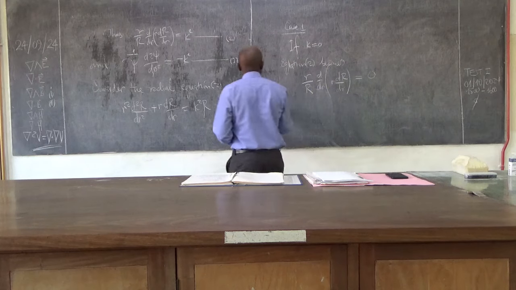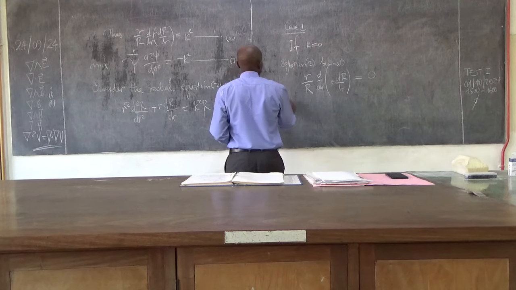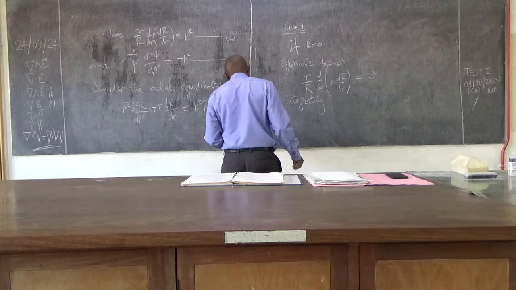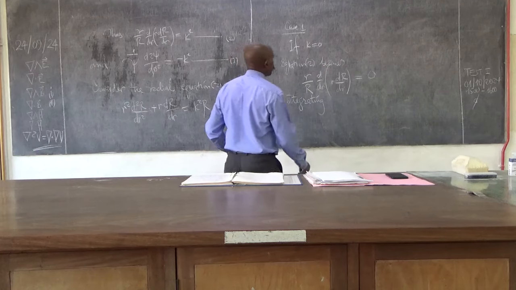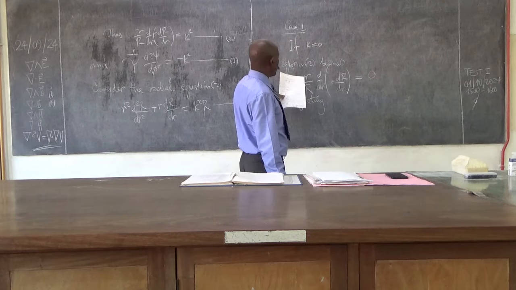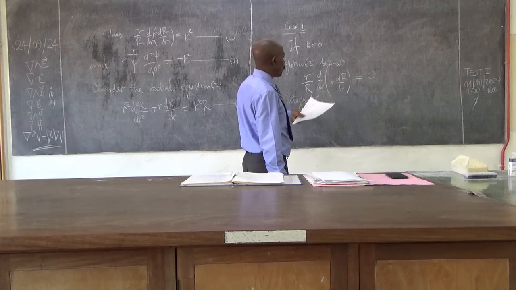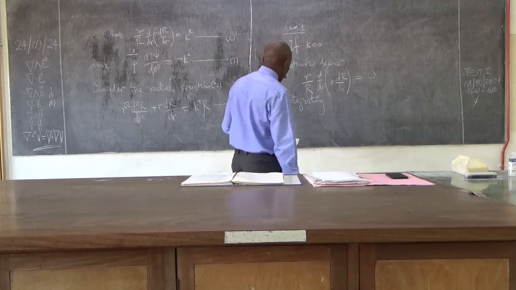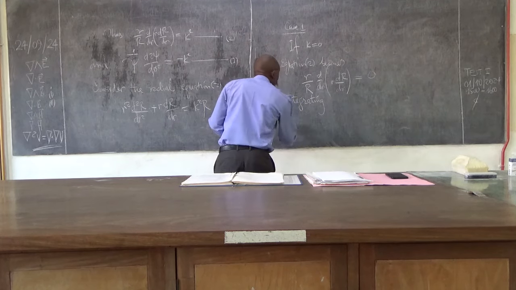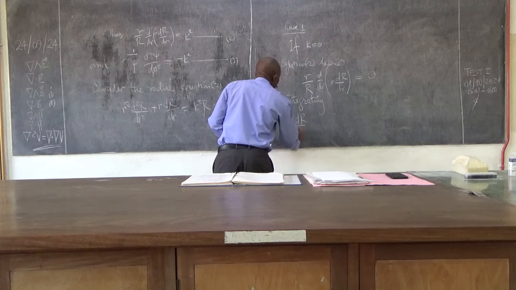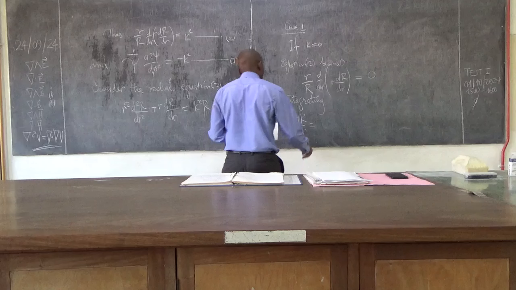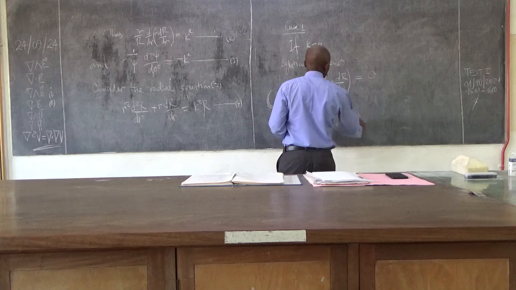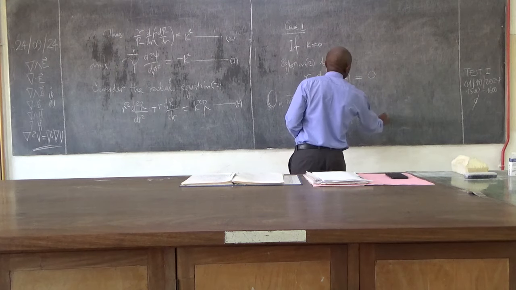On integrating, multiplying by R over r, everything goes; this is differentiation, then you integrate and it becomes a constant. So we get that r dR by dr will be equal to some constant a, where a is a constant of integration.